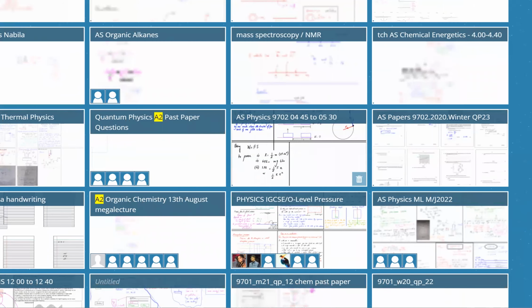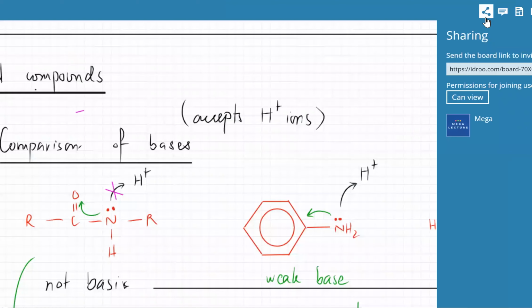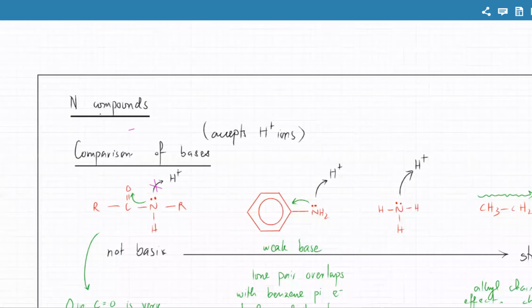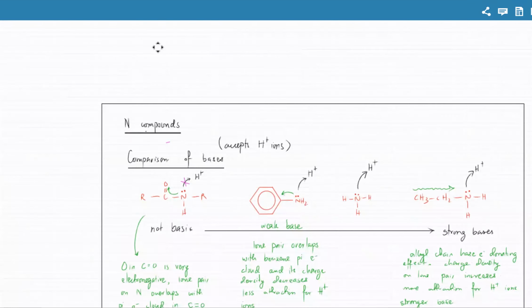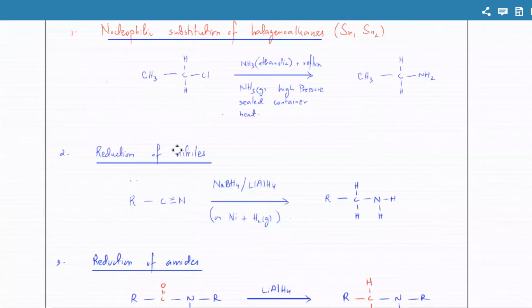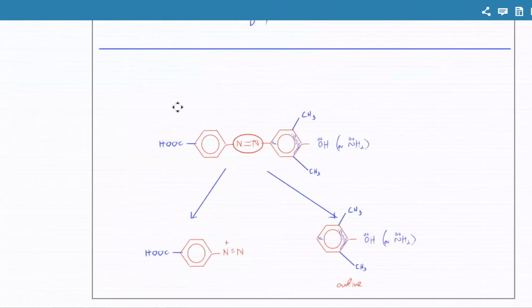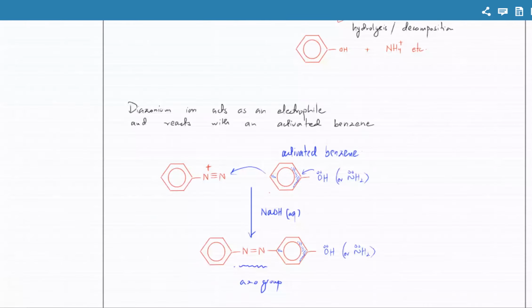Not sure which board this one is. We did the comparison of bases, nitrogen compounds. We started doing nitrogen compounds after that. Okay, that thing is done over here, so we'll come back to this.